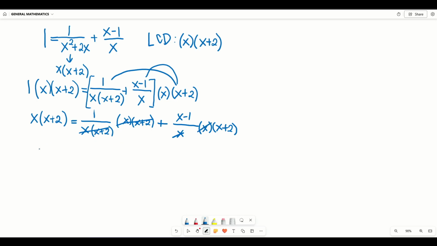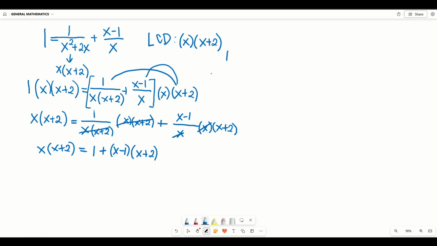And the result will be x times x plus 2 is equal to 1 plus x minus 1 times x plus 2. And then, pakita ko lang din yung isang technique na ginawa natin kanina. So, I'll start with 1. So, since si 1, ang denominator lang naman yan ay 1 din.